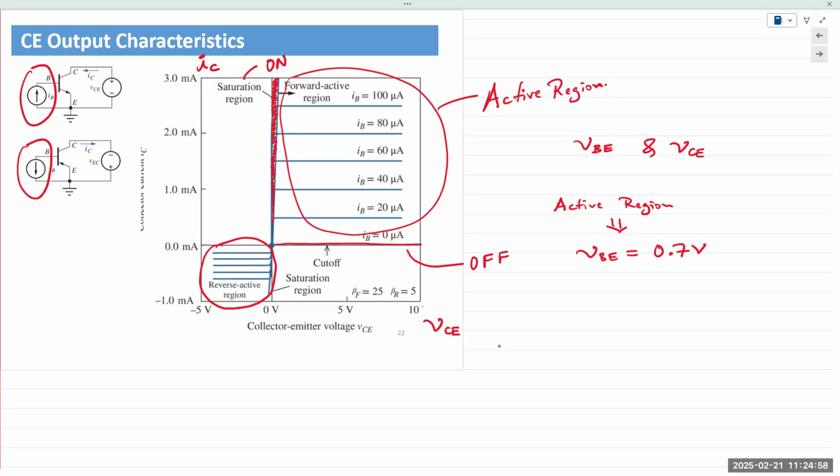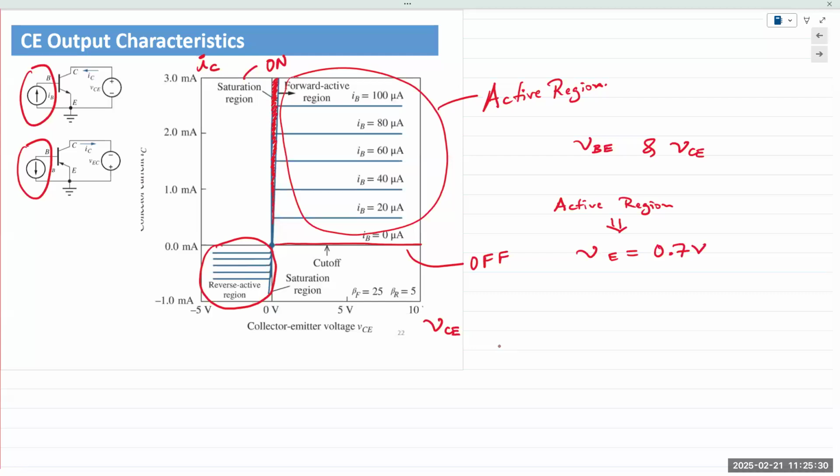So the answer to your question is yes, we can use current as the controlling factor, or we can use voltage as the controlling factor. In both cases, it will work. Typically, we have always used IB, the base current. But the base current is set by the voltage we apply at the base. And we will see that in the next few slides after that, actually not today.